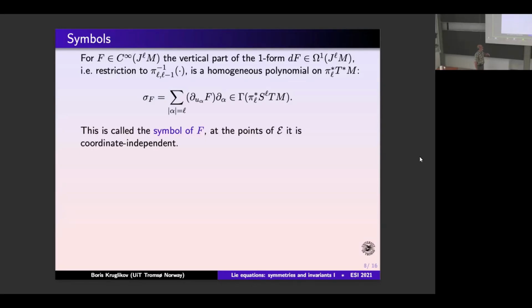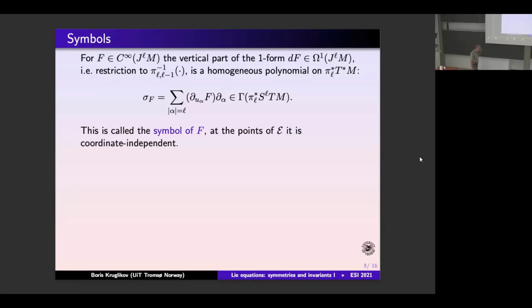We can also treat it as a polynomial on T star, and then instead of writing derivatives d_alpha1, d_alpha2, and so forth, you just write the corresponding coordinates in momenta p_alpha1, p_alpha2, and so forth. It will be multiplication. Instead of multi-derivative, you get a product of coordinates of momenta, right? Kind of a Fourier transform. You change differentiation to multiplication.